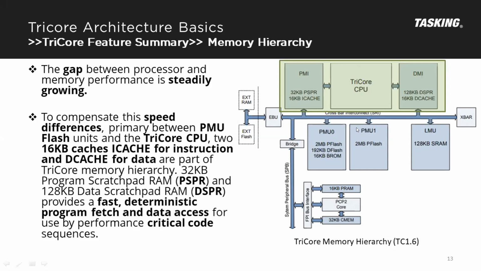And the challenge here is, how could you compensate the speed difference between the CPU and the BMU flashes? Because definitely the CPU is way faster than the BMU flashes. In order to compensate this speed difference, the architecture provides something called an instruction cache, a 16 kilobyte instruction cache, which contains the instructions to be executed.